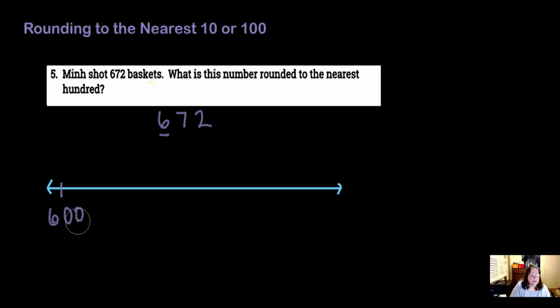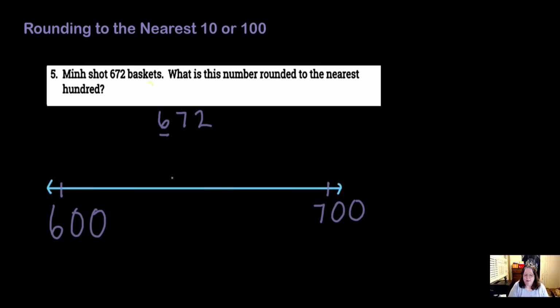I'm going to do it just a bit neater than that. 600. And what would our next number be on the number line? We're counting by hundreds. 600 plus 100 would be 700. If we were counting by hundreds, 100, 200, 300, 400, 500, 600, 700.